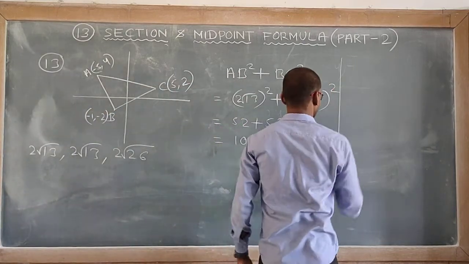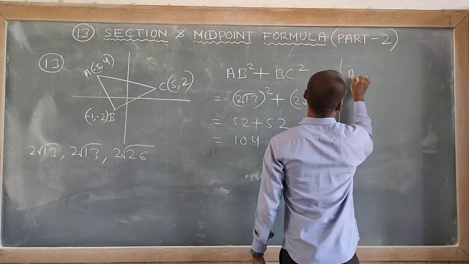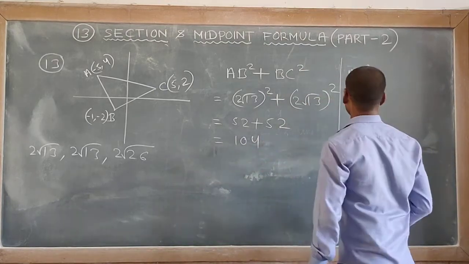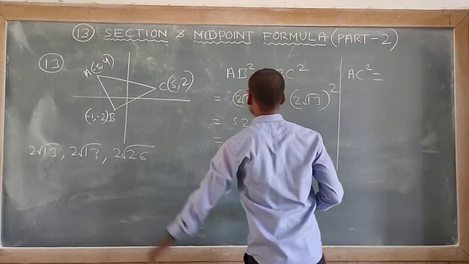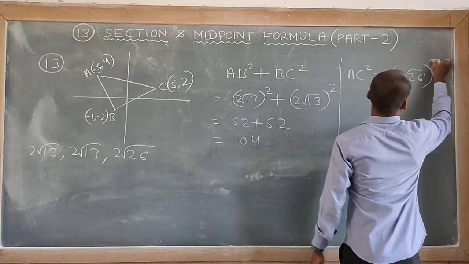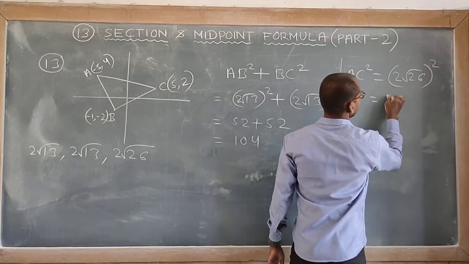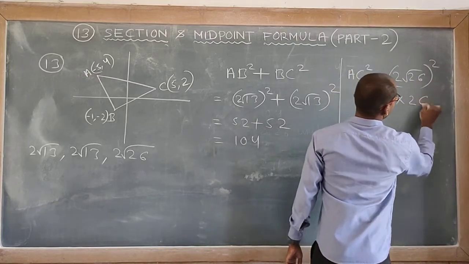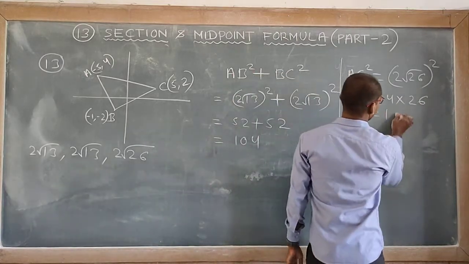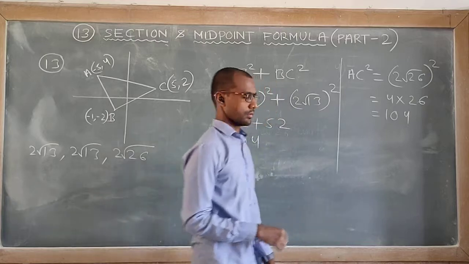Now let us find AC square. If we get 104, then satisfied. What is AC? 2 root 26 whole square. 2 square is 4. Square of root 26 is 26, which is again 104.